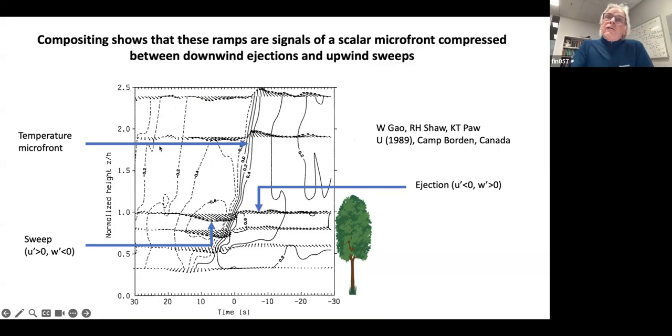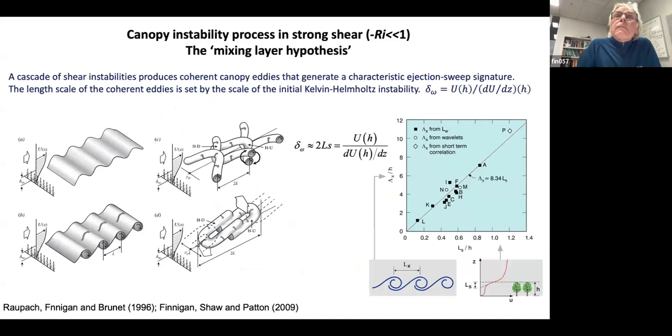So what was happening is that the temperature field or the air within the canopy was warming steadily. Then a very large scale gust would come in from above the canopy and displace that and form this sharp change in the temperature field, the kind of thing we already saw in those large eddy simulations.